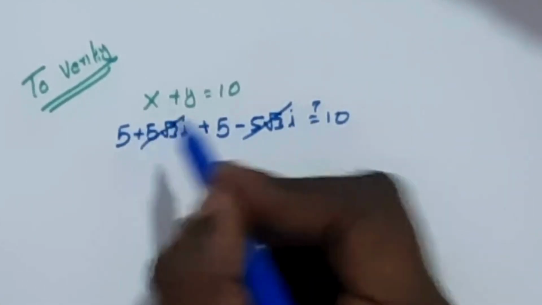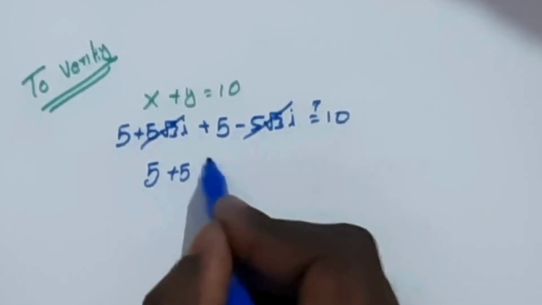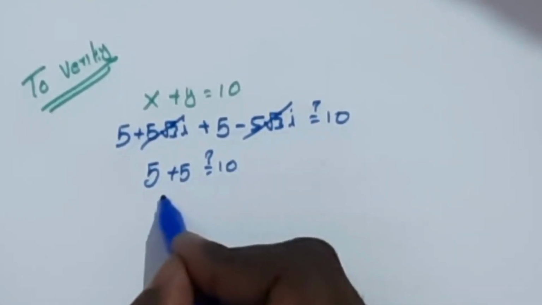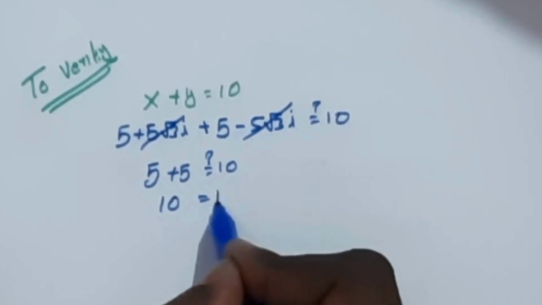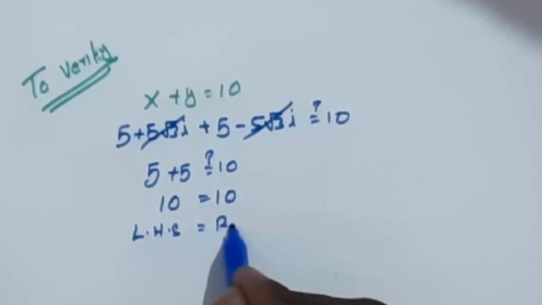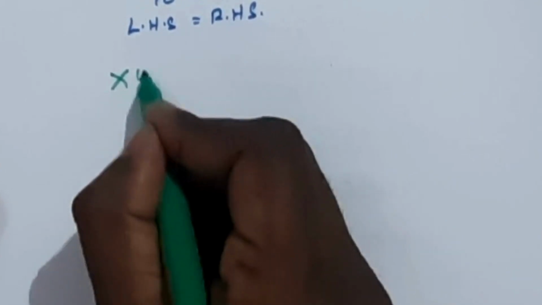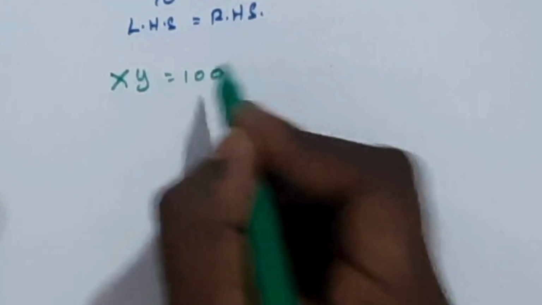This cancels this. So we have 5 plus 5 equal to 10, which is 10. So LHS equal to RHS. Now we are going to verify with the equation xy equal to 100.